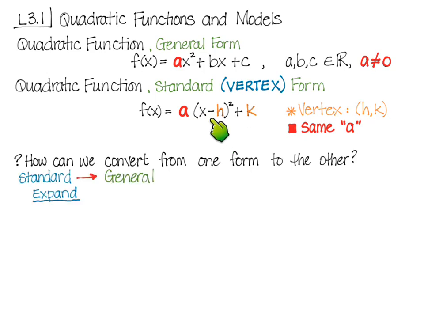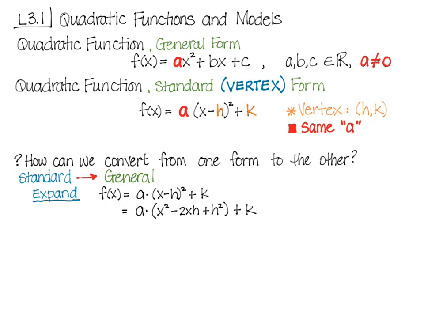We've got this a(x minus h) squared, and we're just going to expand that out. To expand that out is to multiply it, and we end up with a times the quantity x squared minus 2xh plus h squared. And then finally at the very end, we're going to add k after we do all that. So we're going to distribute the a. And at this point, you've got this first term that has the squaring, which tells me it's quadratic.